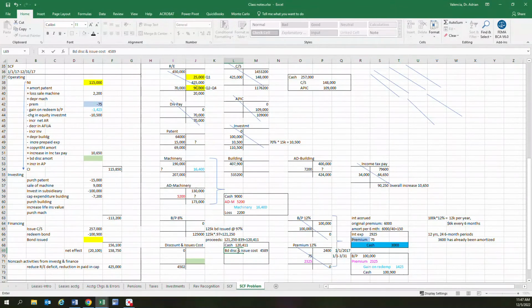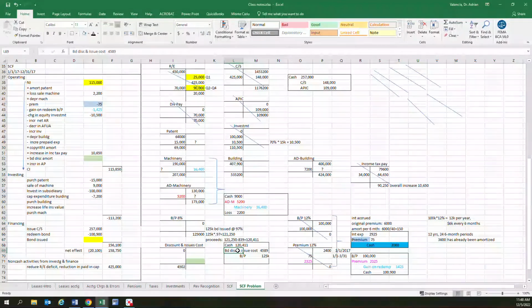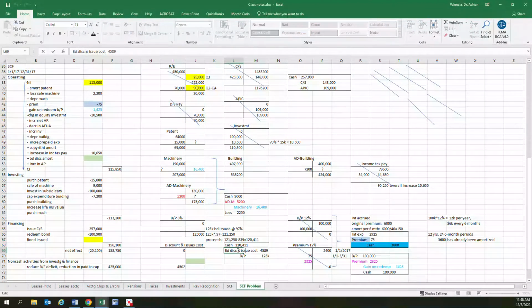Okay, and that's going to be a credit to bonds payable of 125,000. Okay, so this is hard to see that this is a debit, right? So I'm just going to simplify and say discount and then issue costs so that we see it as a debit in here.